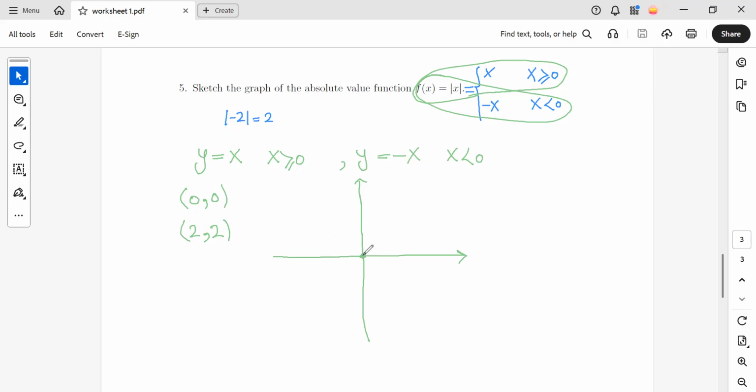So I would connect these points, 2 and 2, 0 and 0, and this is the line. The line is actually like this, but since I have this restriction here, and it is about the positive part of x, I cannot draw all of that. I would only draw the positive part.